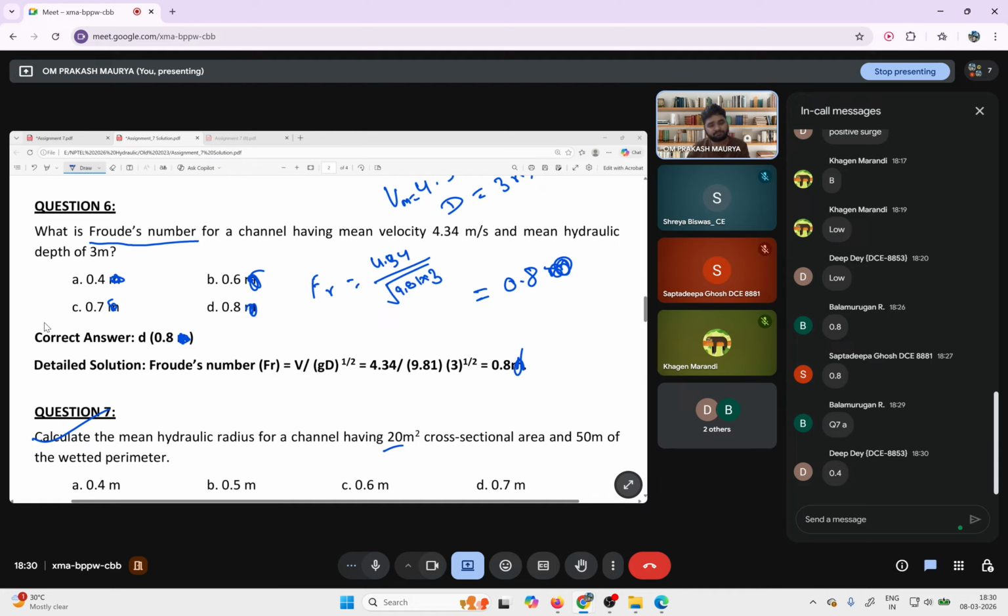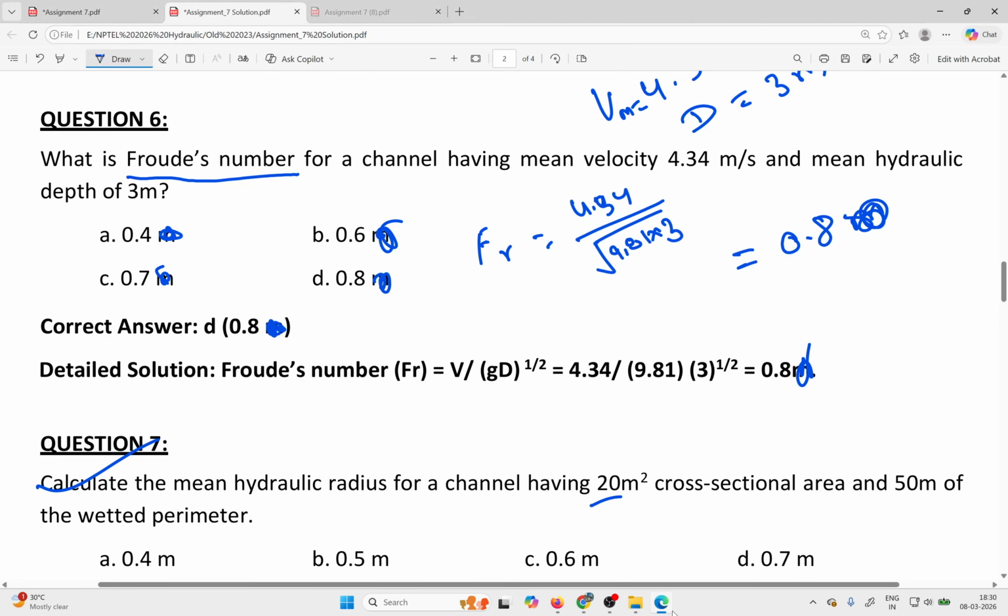Deep is also telling 0.4, option A. Other students, please also try to write your answer. Most of you are telling option A, so definitely it will be A. How? Hydraulic mean radius is nothing but area by perimeter, so 20 divided by 50. So here 0.4, and this should be in meter.